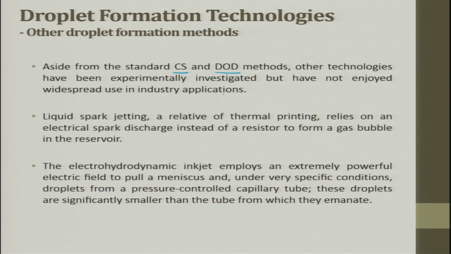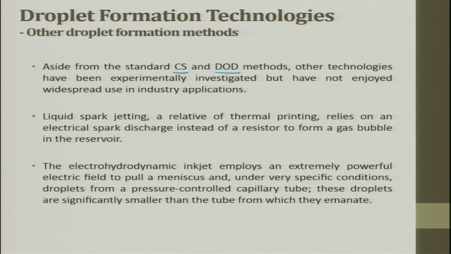There are other techniques, it is not only these two. Liquid spark jetting, a relative of thermal printing, relies on an electrical spark discharge instead of a resistor to form a gas bubble in the reservoir. They have used that. The electro-hydrodynamic inkjet employs an extremely powerful electric field to pull a meniscus and, under very specific conditions, a droplet from a pressure controlled capillary tube.